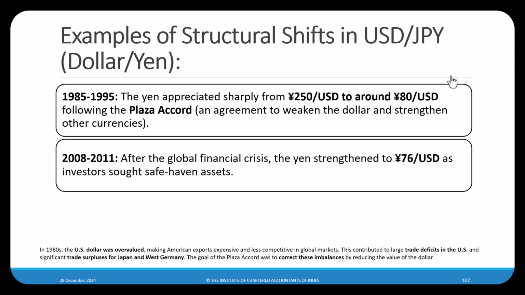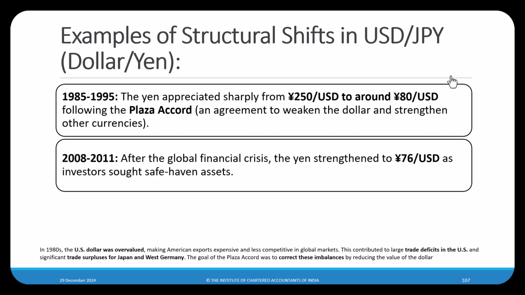To strengthen the Japanese yen. In 2008-2011, after the global financial crisis, which we witnessed, the yen strengthened to 76 yen per dollar as investors sought safe haven assets. Like, they moved to gold and other assets, silver and other things. And so this has actually resulted in a strengthening of the US dollar.